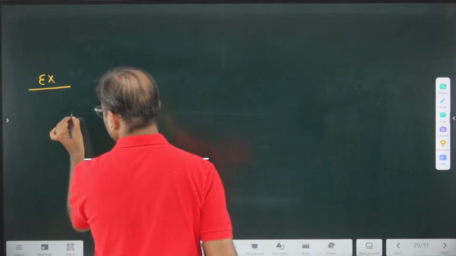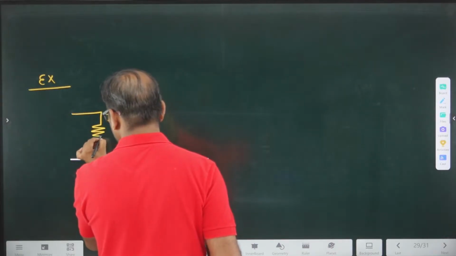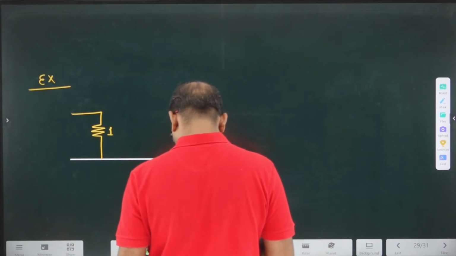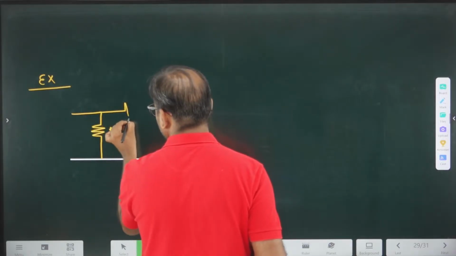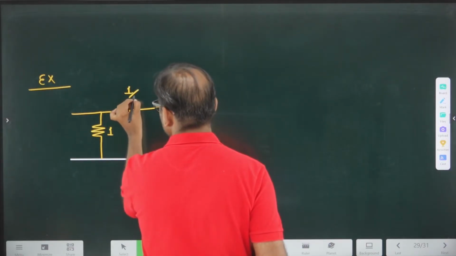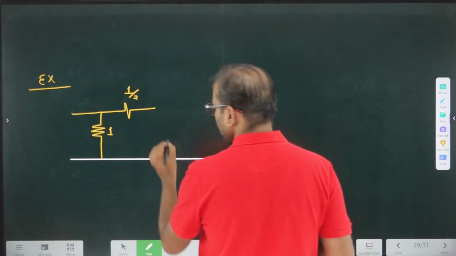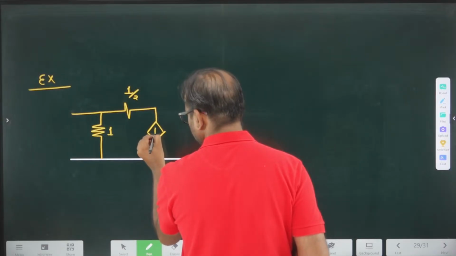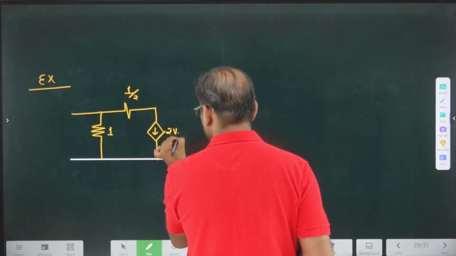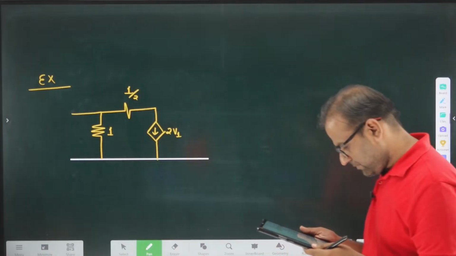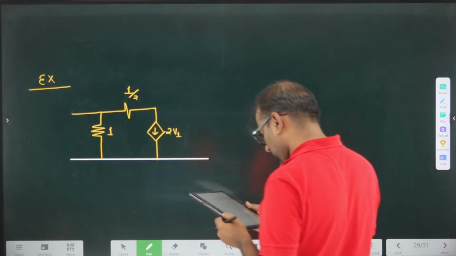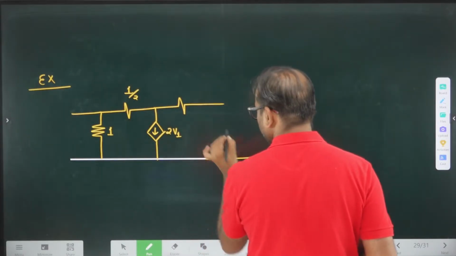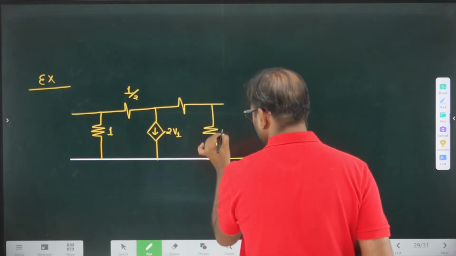Here we have a 1 ohm resistance, then a half ohm resistance, then a dependent source 2V1. Then also a 1 ohm resistance, then a 1/2 ohm resistance.